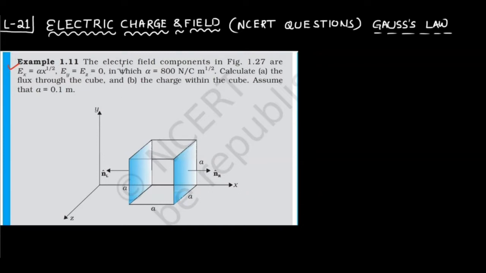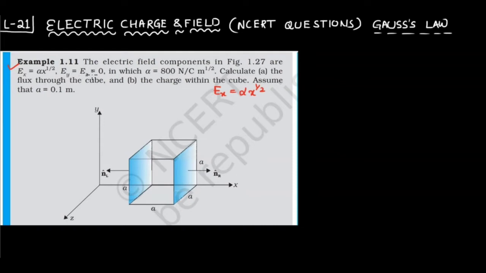The question is: the electric field components in the figure 1.27 are Ex equal to alpha x to the power half. So the x component of electric field Ex is equal to alpha into x to the power half, and the y component and z component of electric field are 0.